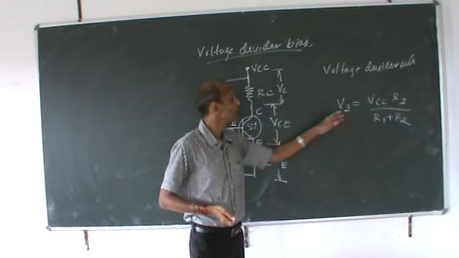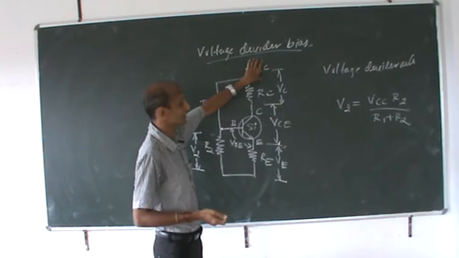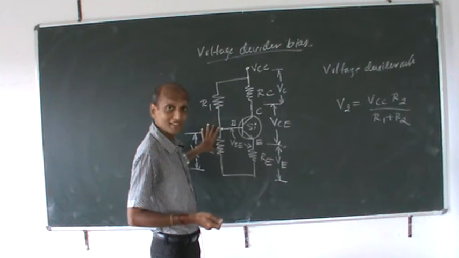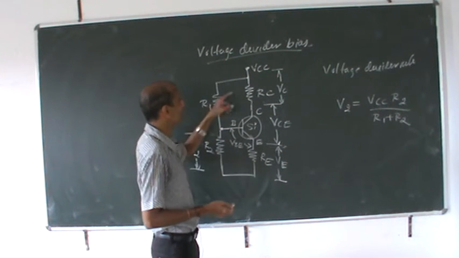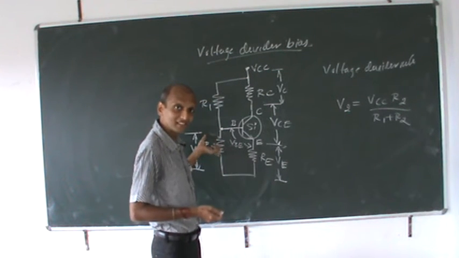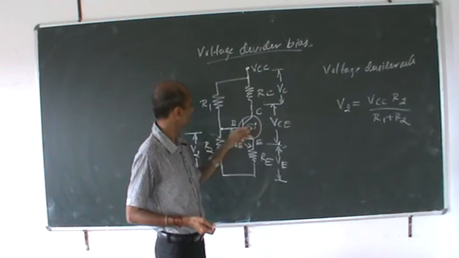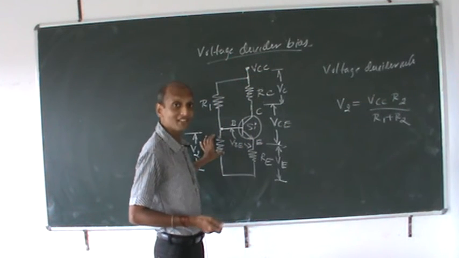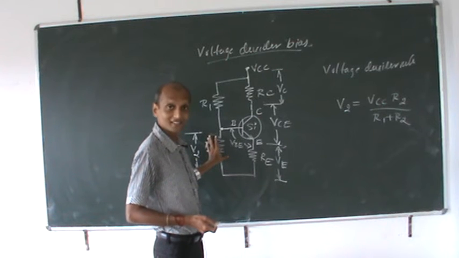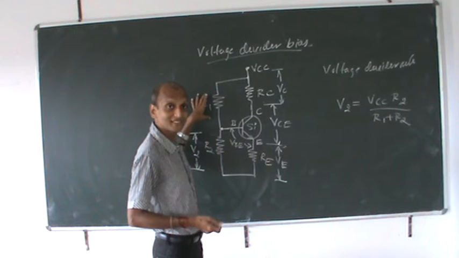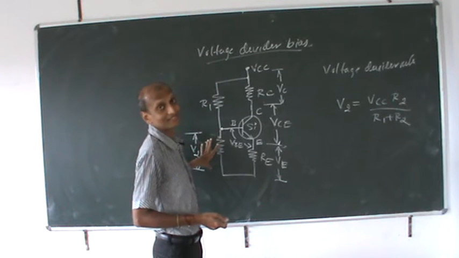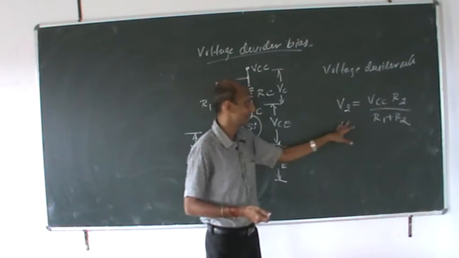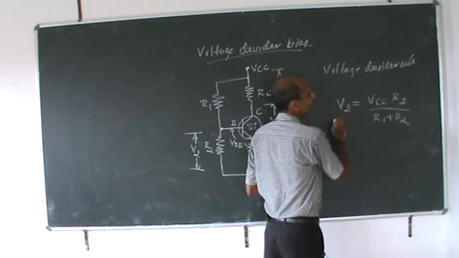This is your supply voltage, and we have two resistances connected. The voltage drop across this resistance can be found by the formula: the supply voltage multiplied by the resistance, divided by this resistance plus this resistance. This is how we go for the voltage divider rule, and I can find V2.